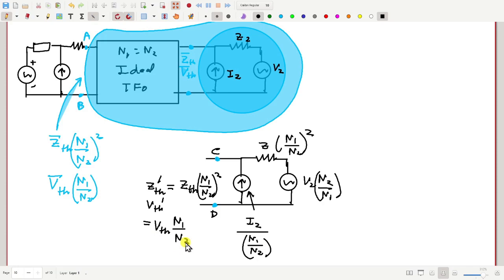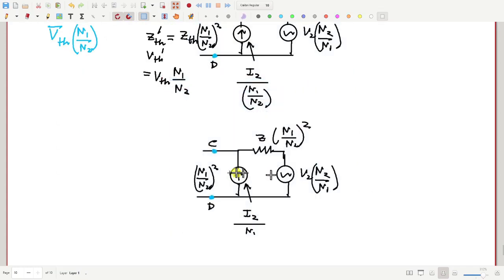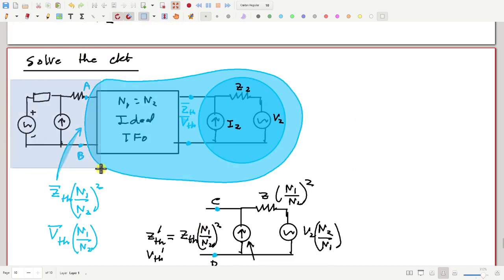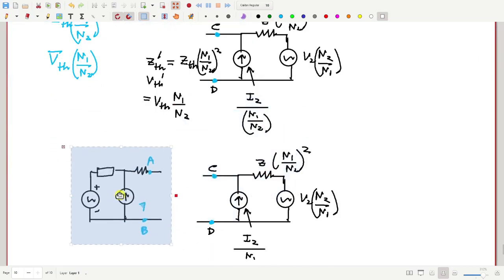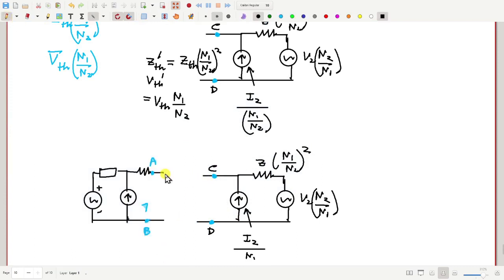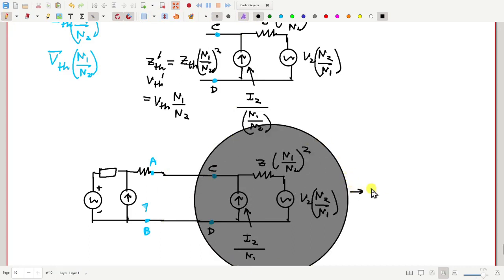Okay, so from this I can state that if I take this modified circuit and I take the original left side circuit, and I connect this right side circuit to the left side, then this is the Thevenin equivalent of the original one.